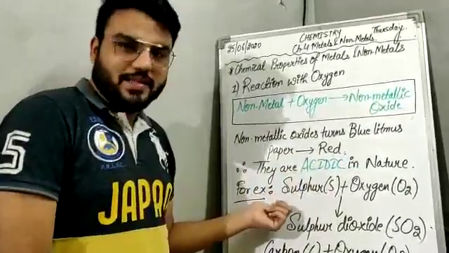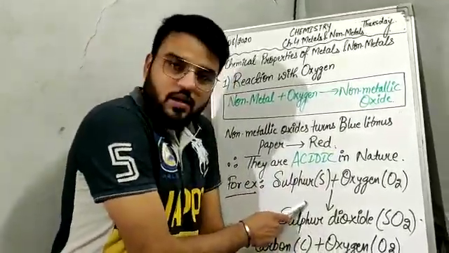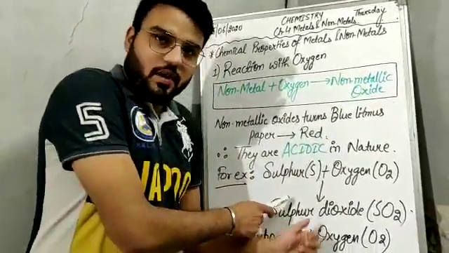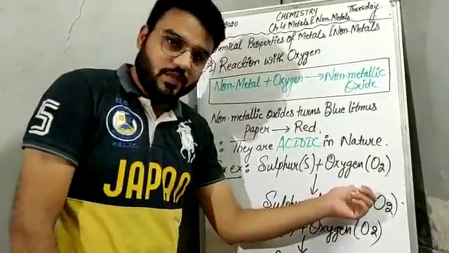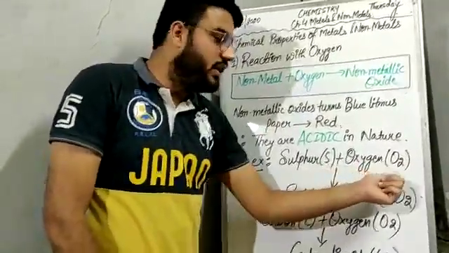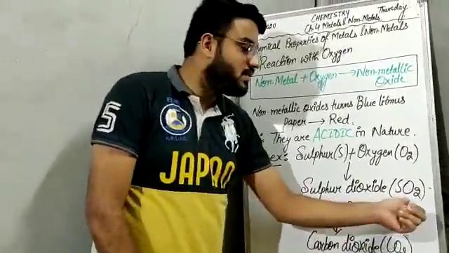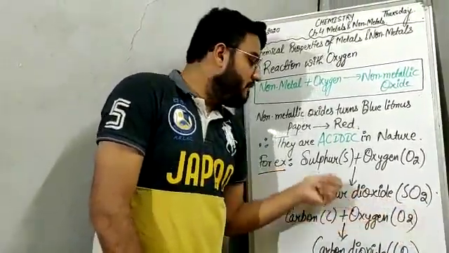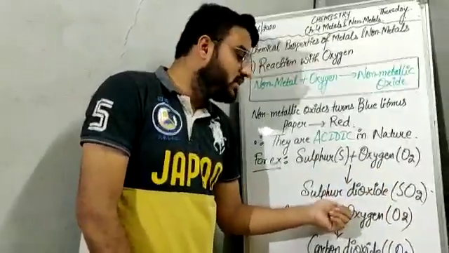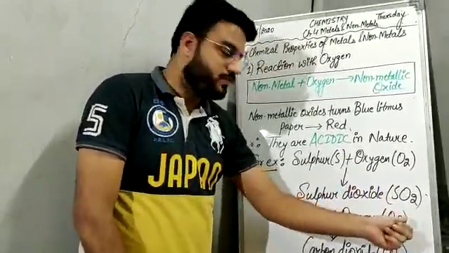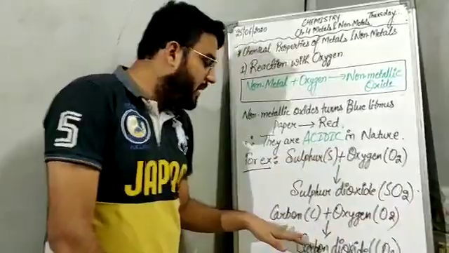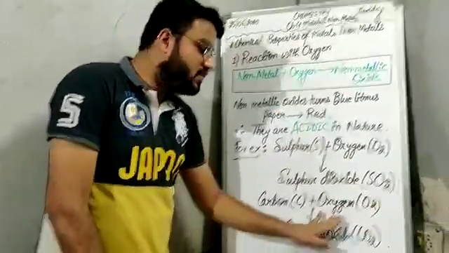Now, if we take the example, when sulfur reacts with oxygen, sulfur is a non-metal. When it reacts with oxygen, it forms sulfur dioxide, SO2. Another example is when carbon reacts with oxygen.